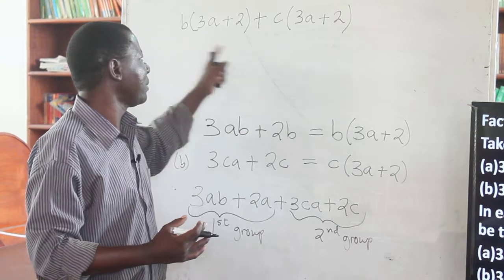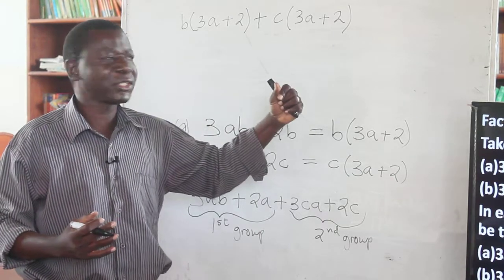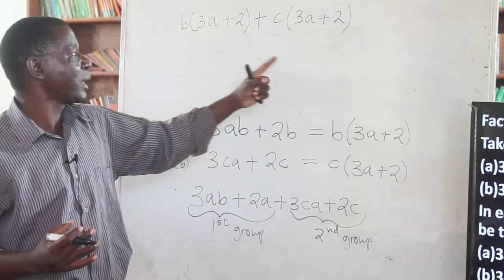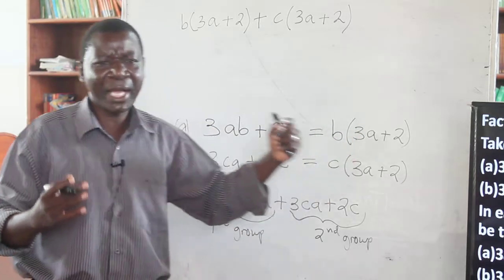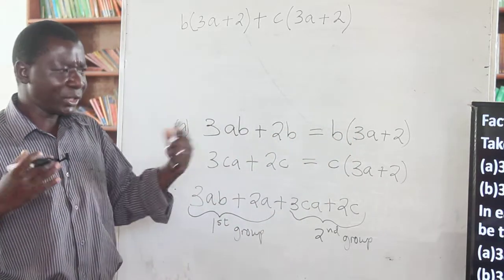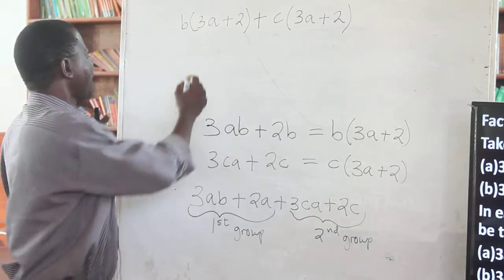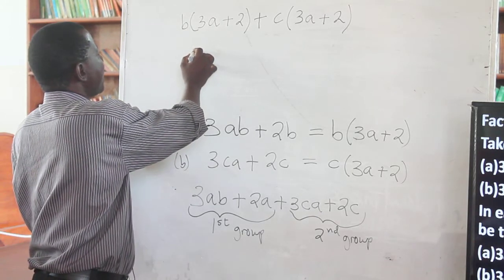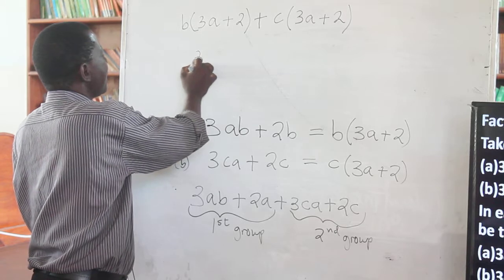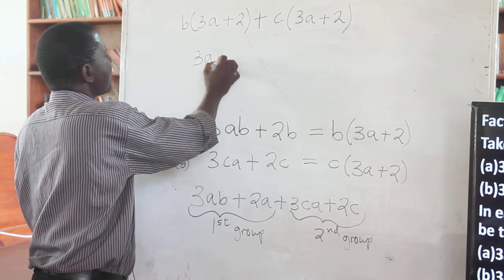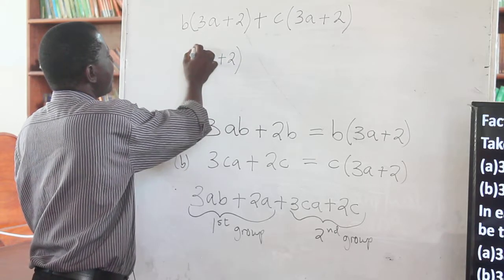It is common in both. So we can take that one outside the bracket again, 3a plus 2 outside the bracket.